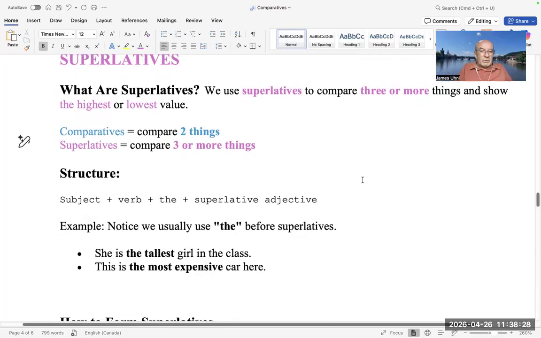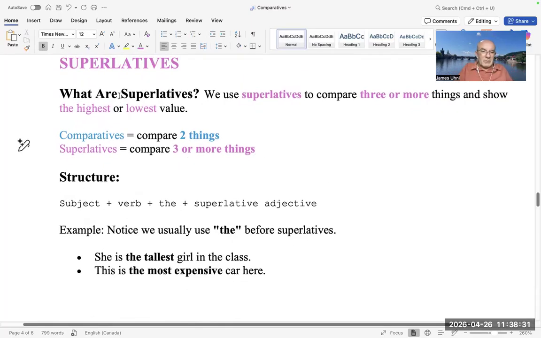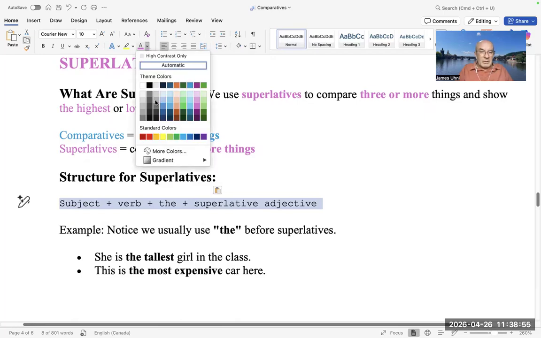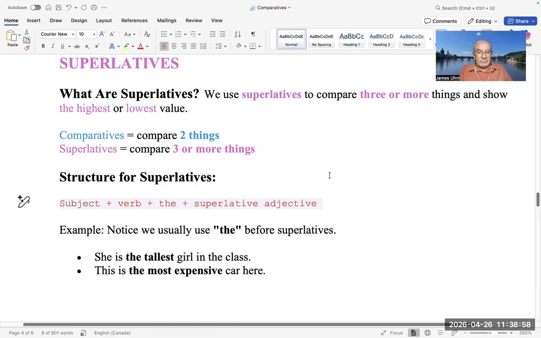Structure for superlatives. It is subject plus verb plus superlative adjective. That's really interesting. It's different from comparative.